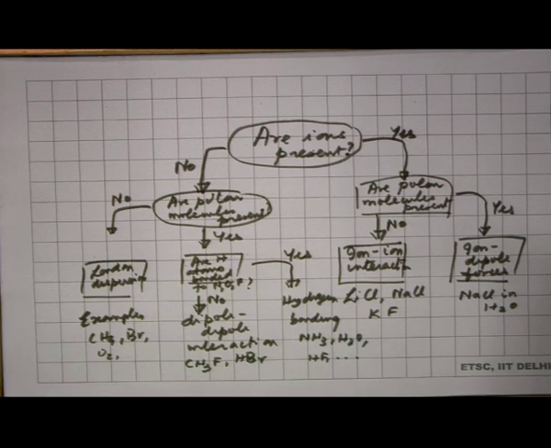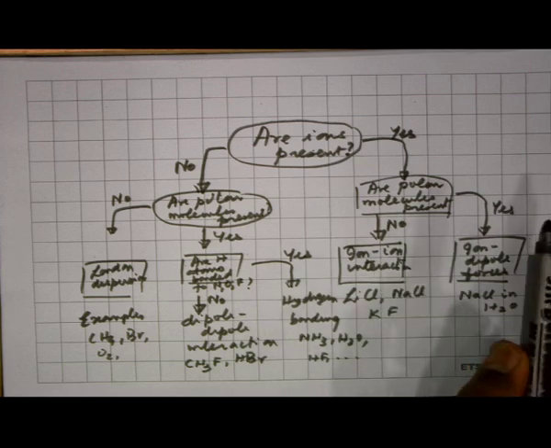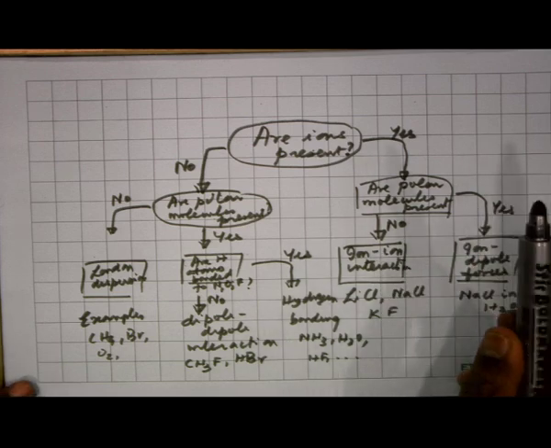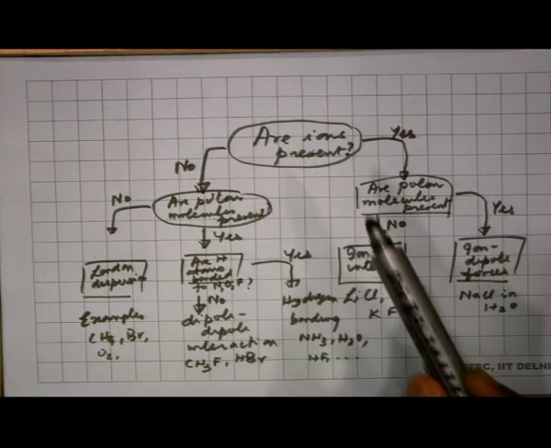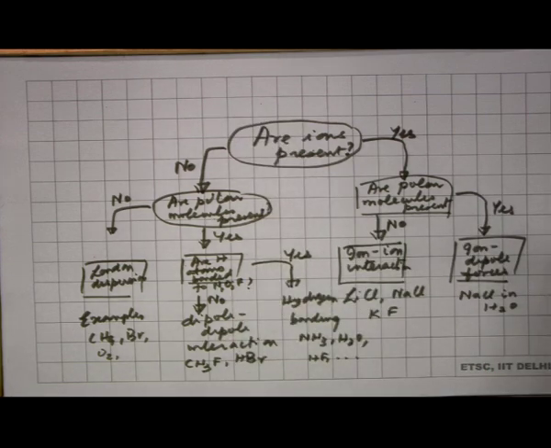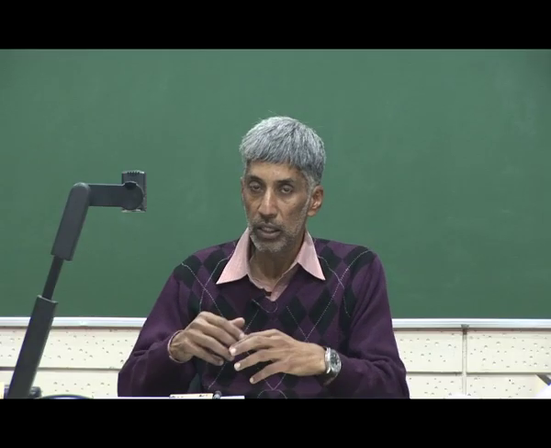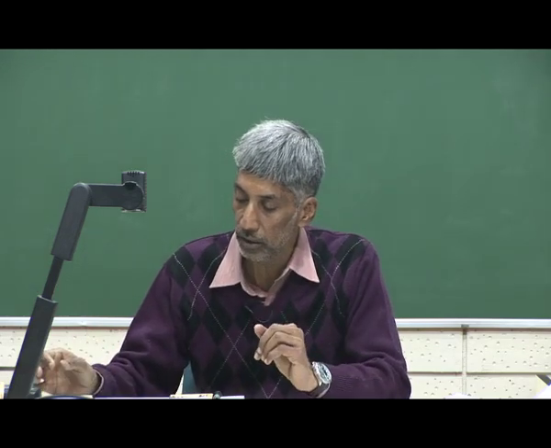So, with this flow chart, you should be able, given any kind of question, to answer some of the questions that we earlier said: to be able to list the intermolecular interactions that exist, just list them, the 5 kinds, and to be able to tell the strength of each of these interactions.